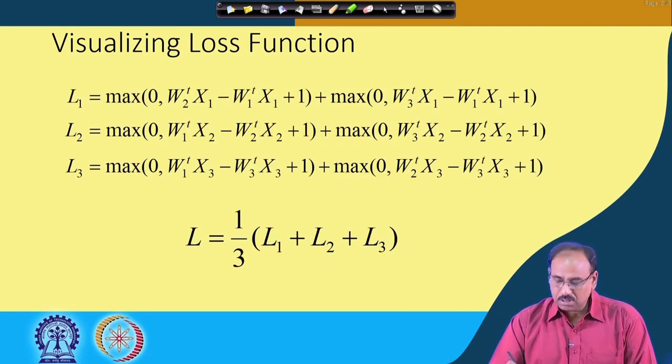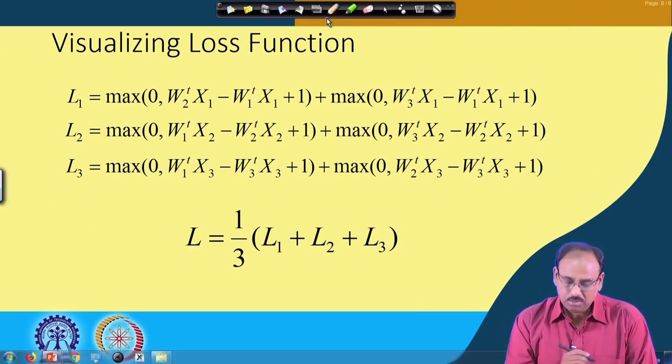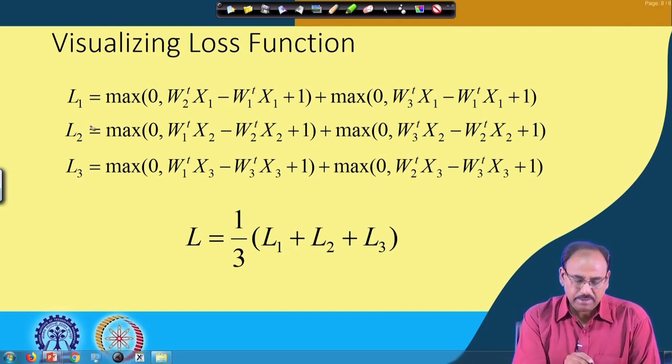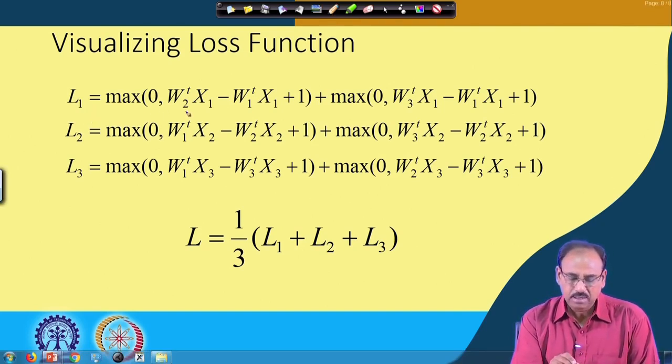So, given this situation, the loss function that we will get is given by L1 equal to max of 0 and W2 transpose x1 minus W1 transpose x1 plus 1. This W2 transpose x1 is nothing but the score of class 2 for this training vector x1, and this is the score of class 1 for training vector x1.